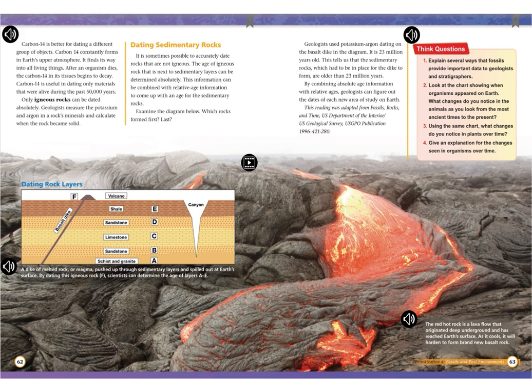It is 23 million years old. This tells us that the sedimentary rocks, which had to be in place for the dike to form, are older than 23 million years. By combining absolute age information with relative ages, geologists can figure out the dates of each new area of study on Earth.